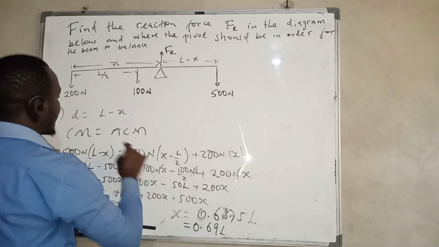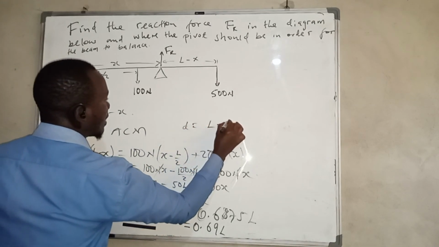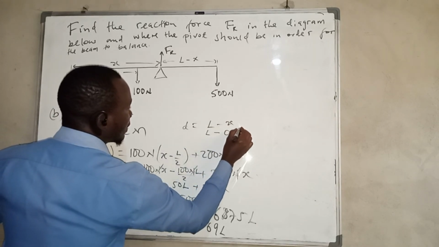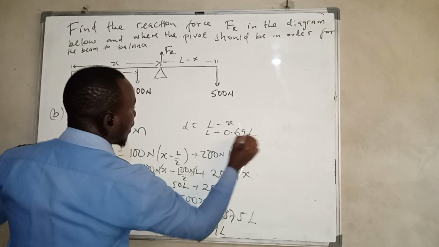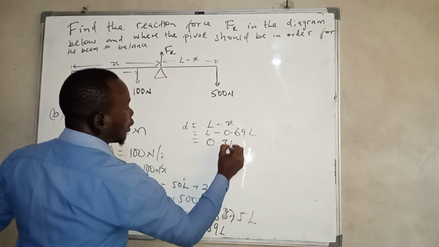So our distance will be equal to L minus X, L minus 0.69 L, which is 0.31 L.